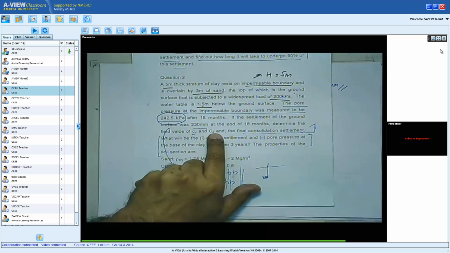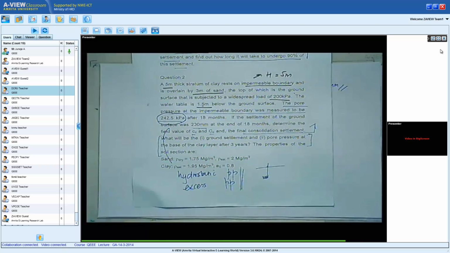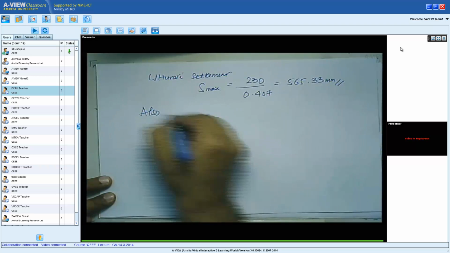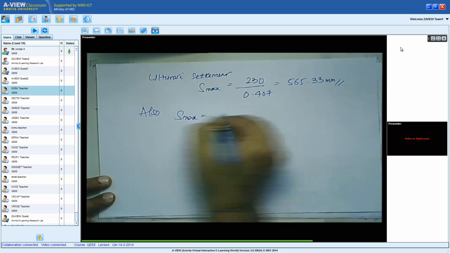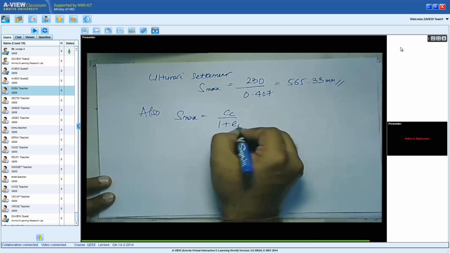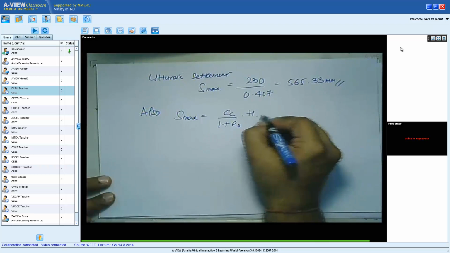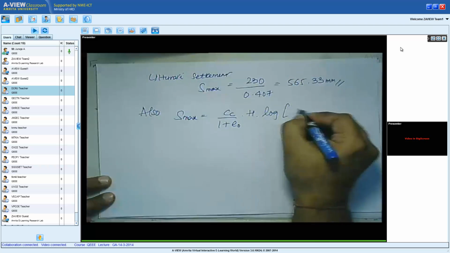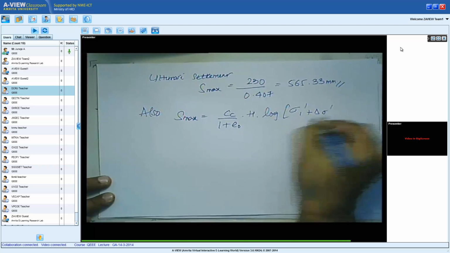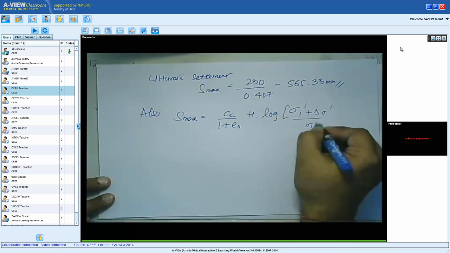If you remember, the Cc value came in the equation for total or maximum settlement. S max equals Cc over 1 plus e naught times H times log of sigma 1 prime plus delta sigma prime over sigma 1 prime.